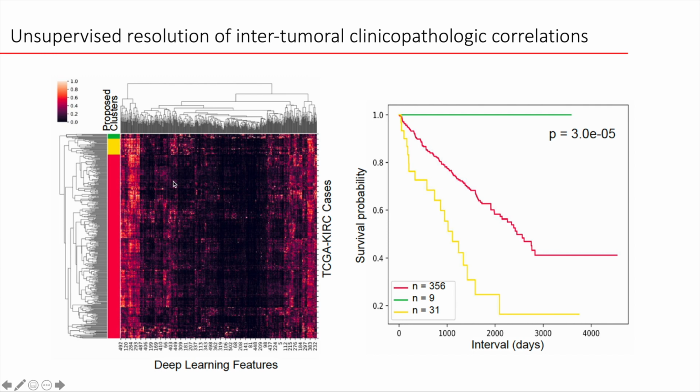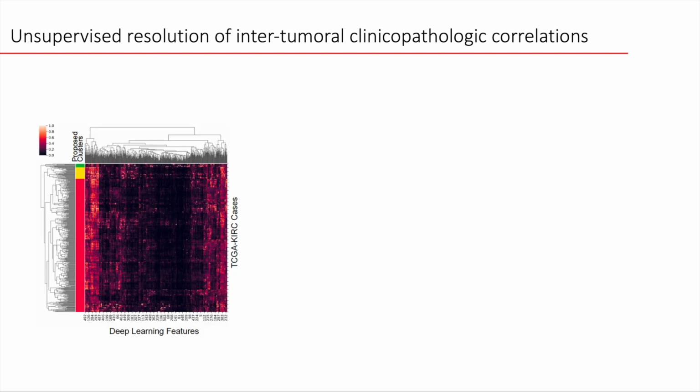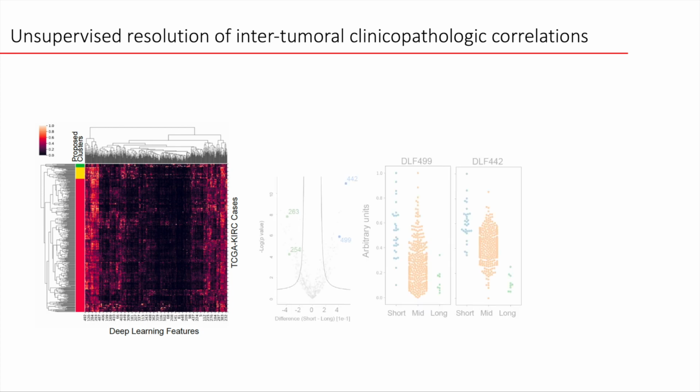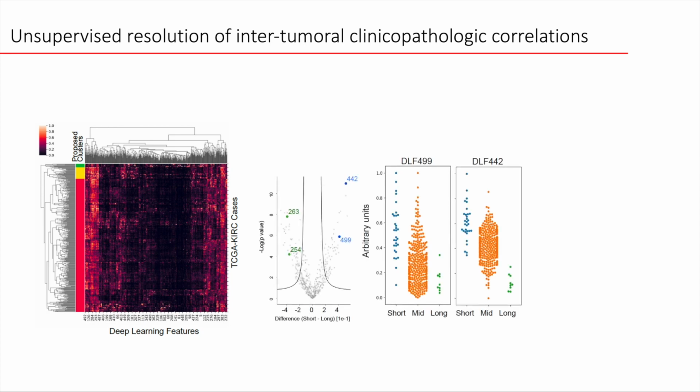So we wanted to explore what perhaps was driving these clinicopathologically distinct entities. To do this, we again took specific features that were enriched in the short and long prognostically significant groups and tried to see if they correlated with something that mirrored the ISUP grading, perhaps, since that also had prognostic significance.